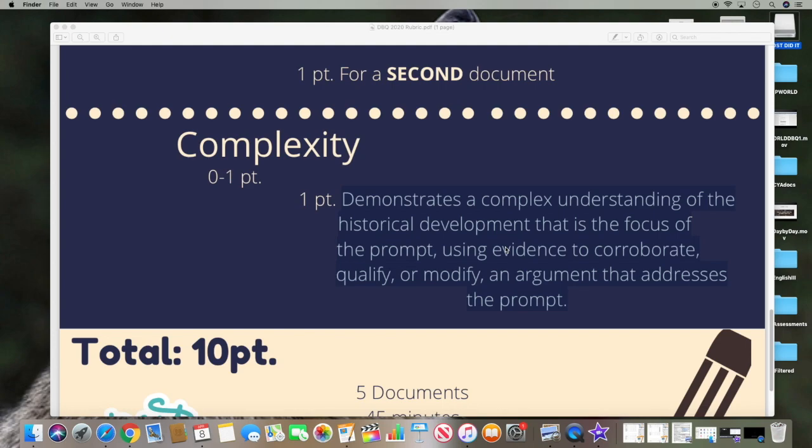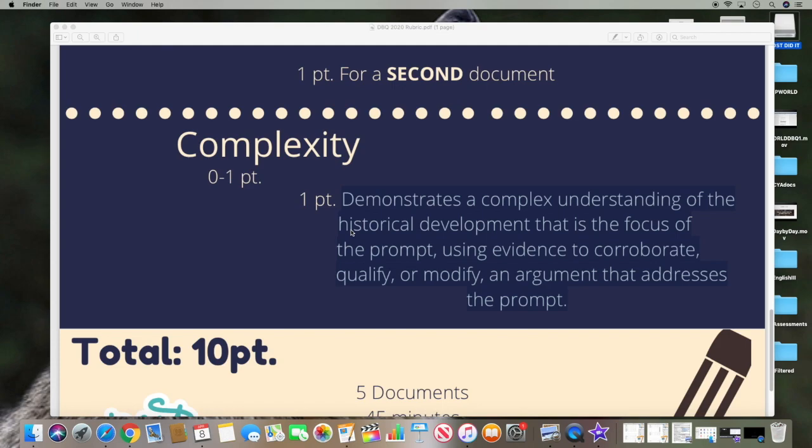Demonstrates a complex understanding of the historical development that is the focus of the prompt, using evidence to corroborate, qualify, or modify an argument that addresses the prompt. So this you don't have too much control over unless you are writing a really complex DBQ, or if you have a very good understanding of the historical development that is the focus of the prompt.